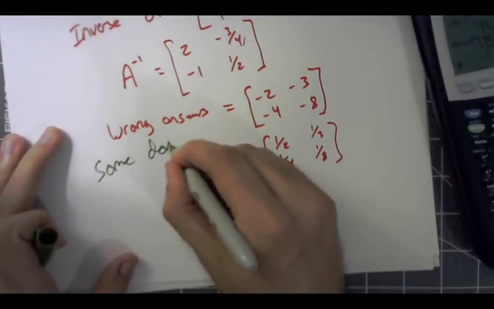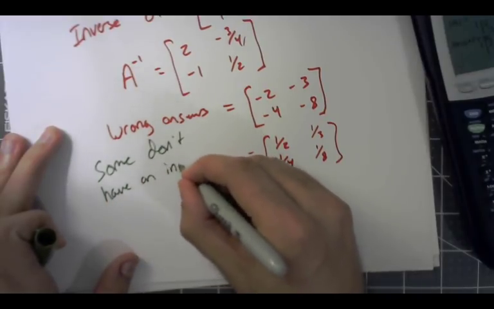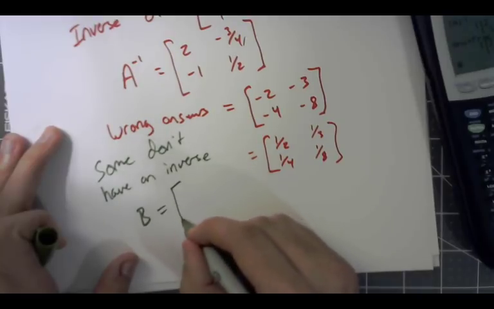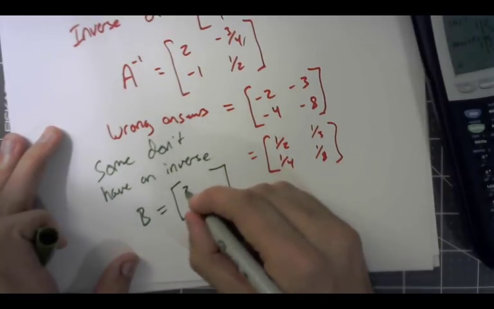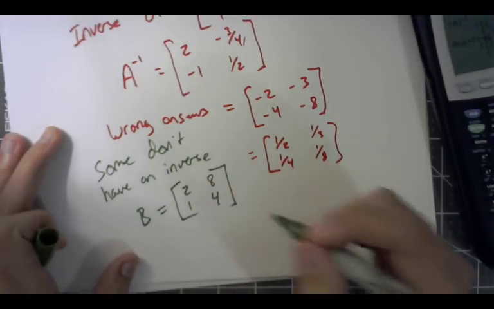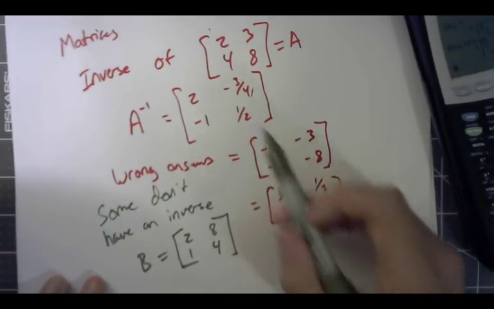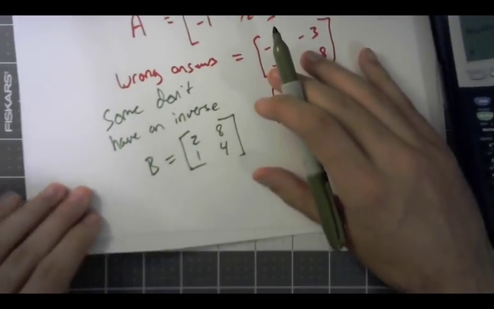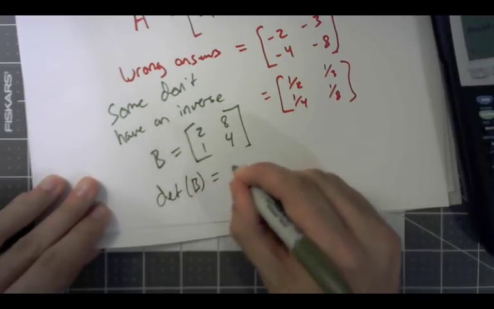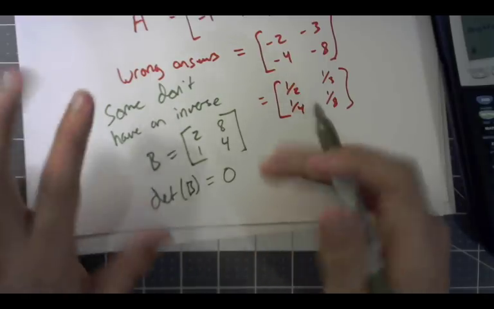Some don't have an inverse. For example, let's call this B. About 2, 4, 8, and 1. Looks similar. But the thing about this is the determinant of B is going to equal 0. And if it has a determinant of 0, it doesn't have an inverse.